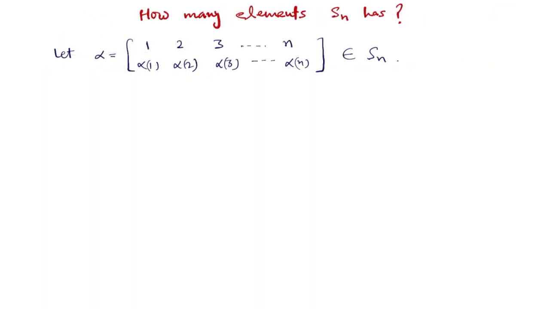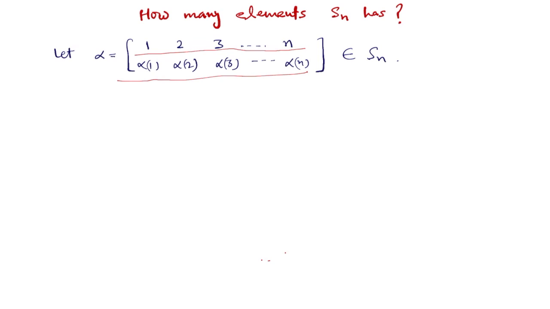Let us count the number of permutations in Sn. A particular permutation alpha in Sn will look this way. The first row contains n symbols 1, 2, 3, up to n, and the second row contains their images. So 1 has image alpha 1, 2 has image alpha 2, and so on. n has image alpha n.